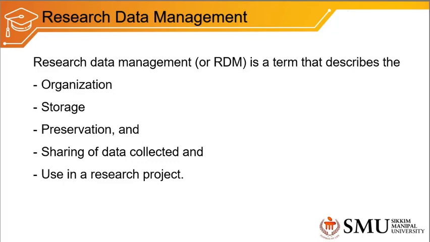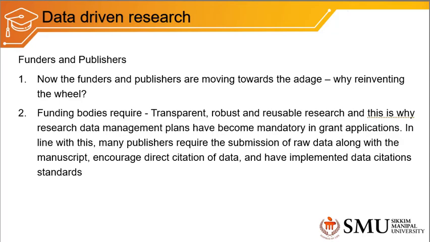Research data management is an essential element for strong scientific practice, and several stakeholders are involved in different stages of the process, from issuing guidelines to putting research data management plans into practice. The first and foremost stakeholders of research data management are funders and publishers. Now the funders and publishers are moving towards the age of why reinvent the wheel.